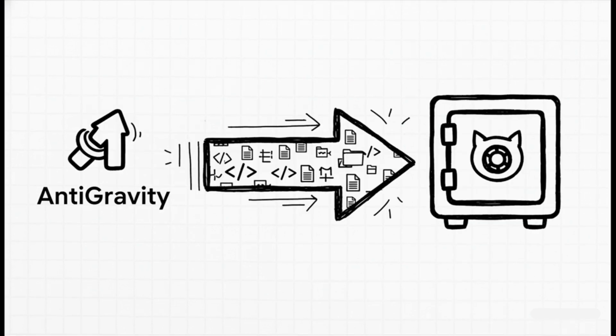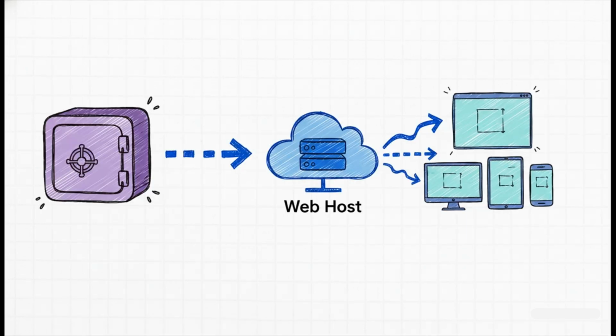Now, with that connection in place, the whole thing becomes automatic. As your AI agents finish their work, AntiGravity just pushes all the completed code and files straight into your GitHub repository. This basically acts as a safe, organized home for your entire project. And here's the final, beautiful handoff. Your web host, a service like Vercel that actually puts your app on the internet, is set up to just watch your GitHub for any changes.